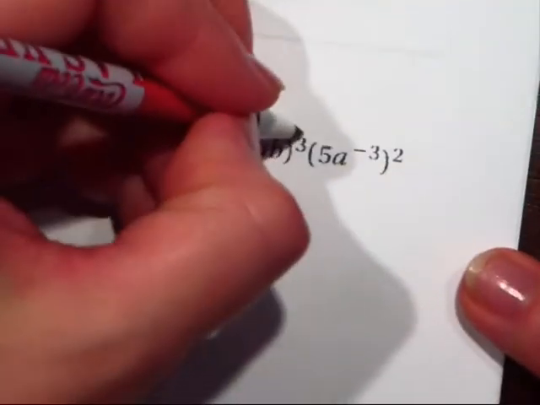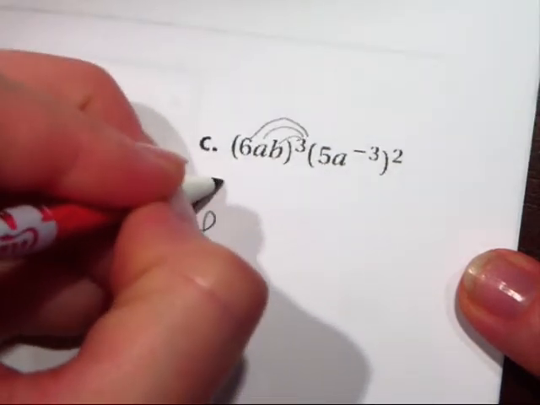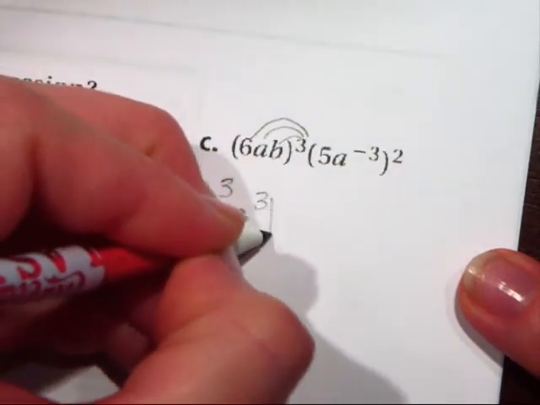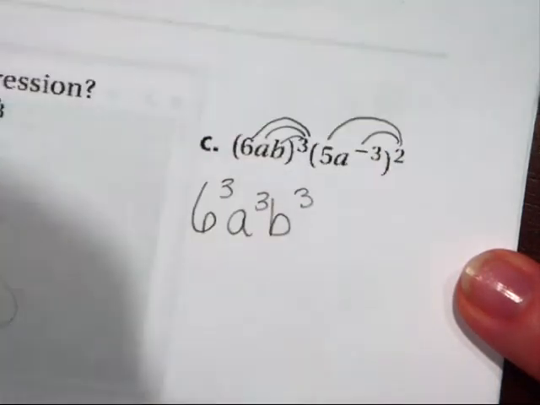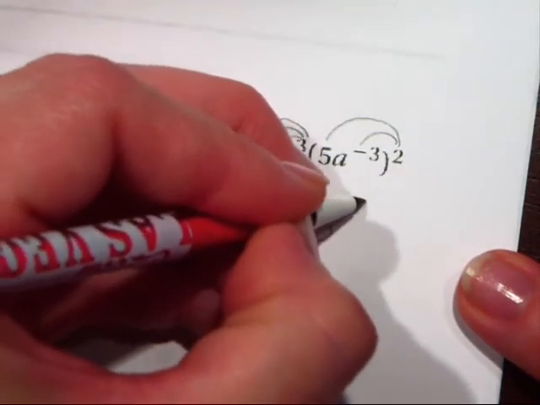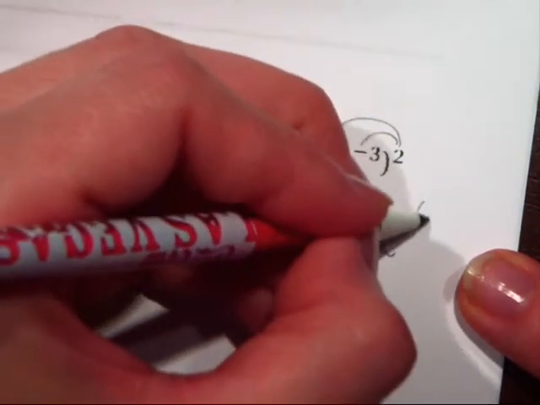One more. The 3 goes to the 6th, the a to the b. 6 to the 3rd, a to the 3rd, b to the 3rd. The 2 goes to the 5 and to the a. So 5 to the 2nd and a to the negative 6, because you multiply.